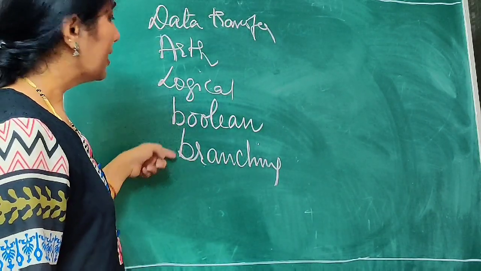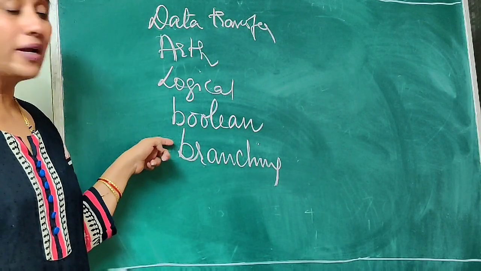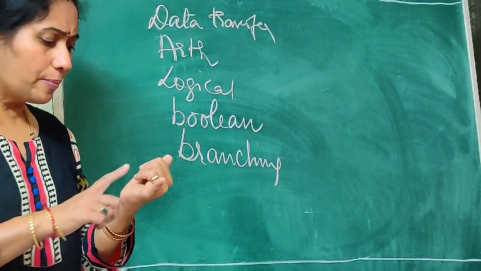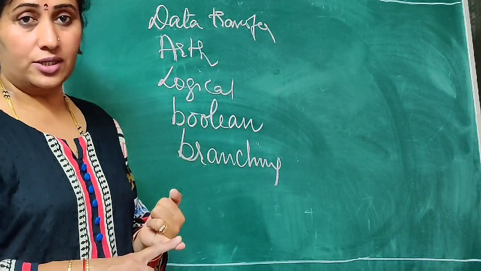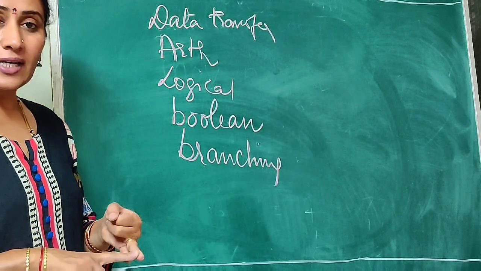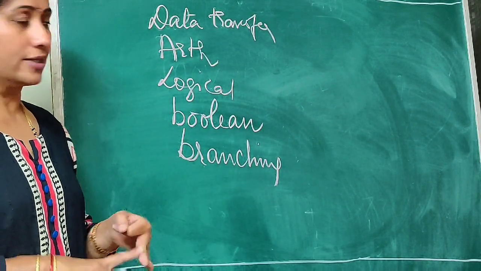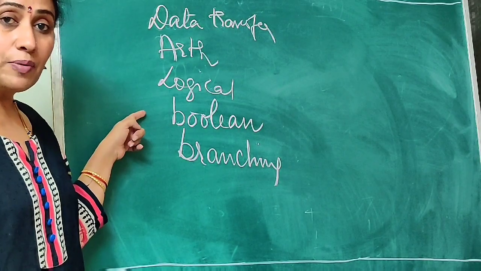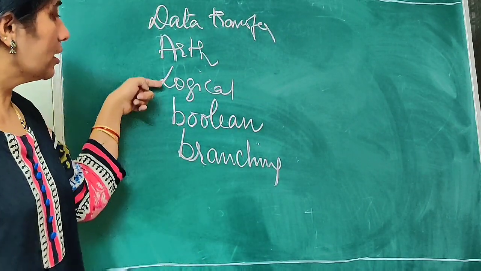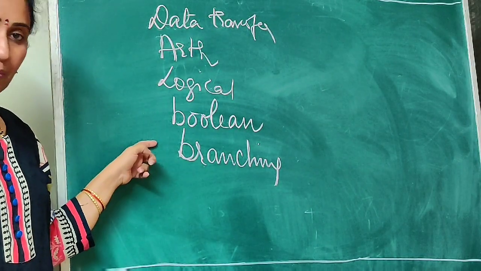So these are going to be the classification of the instruction set. Depending upon the length of the instruction, we are going to classify the instructions as 1 byte, 2 byte and 3 byte instructions. Depending upon the function performed, they are classified as data transfer, arithmetic, logical, Boolean and branching.